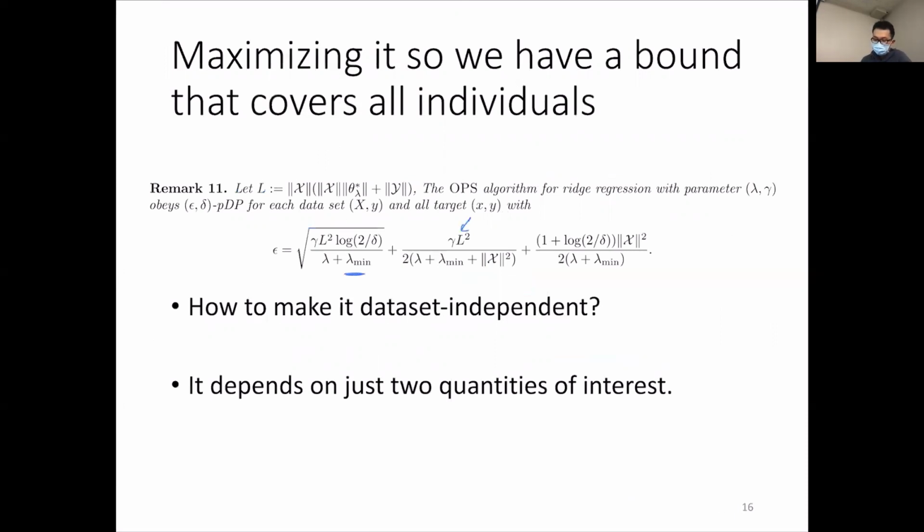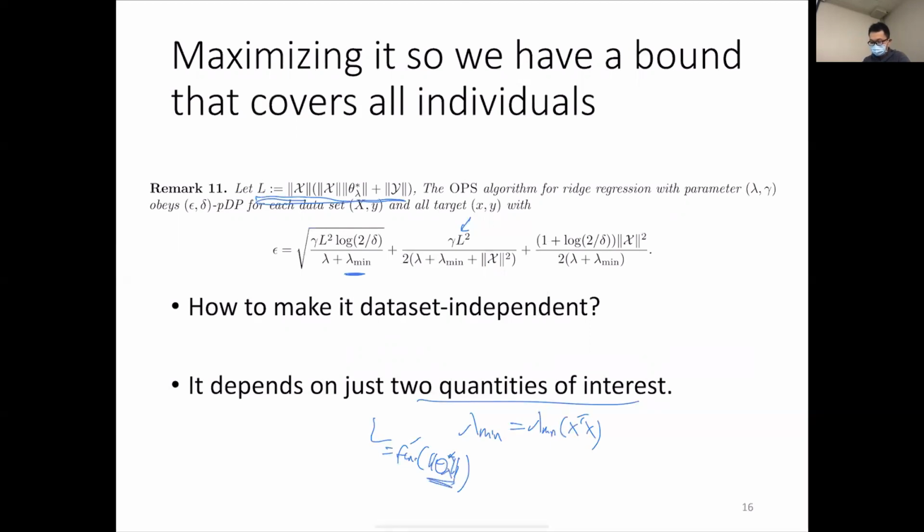So there are two quantities of interest that are data dependent. One is this L, the other is this lambda min. Lambda min is the smallest eigenvalue of X transpose X, and this L is defined over here. L is a function of the norm of this non-private minimizer of this ridge regression, with parameter lambda.